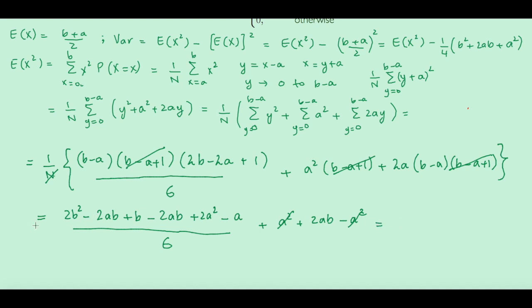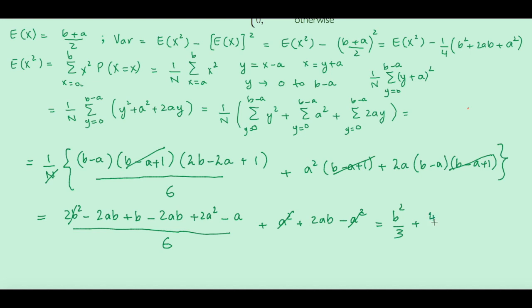How many b squared do we have? We have b squared over 3. Now how many ab's do we have? Minus 2 over 6, minus 2 over 6 and plus 2. So this is 4 over 3, right? This is 1 over 3, 1 over 3 and 2.